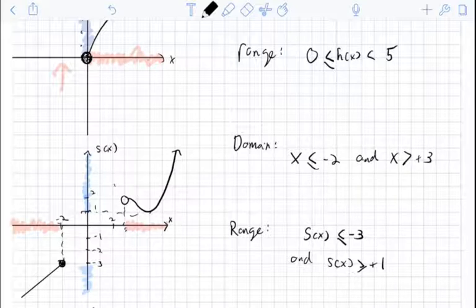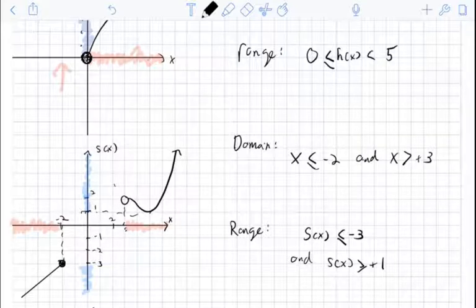Okay, so that's domain and range off a graph. Interpreting the domain and range off the graph actually isn't a very exact science. It's kind of tricky. If you haven't noticed, you just do your best. You might be wrong, you might be inaccurate, but you do your best.